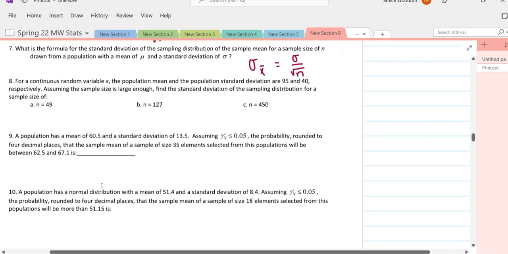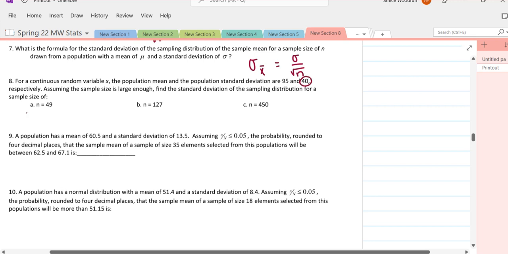All right, number 8. For continuous random variable x, the population mean and population standard deviation are 95 and 40. Assuming the sample size is large enough, find the standard deviation for 3 different sample sizes. Okay, so we're doing the formula in number 7, just with different denominators. So we're going to use the population standard deviation of 40.